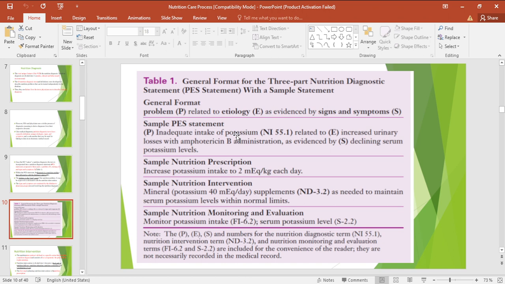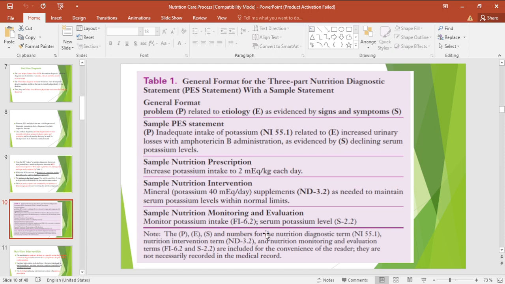What is this inadequate intake of potassium caused by? It is related to increased urinary losses with amphotericin B administration. This is related to drug intake that has increased urinary excretion of potassium.